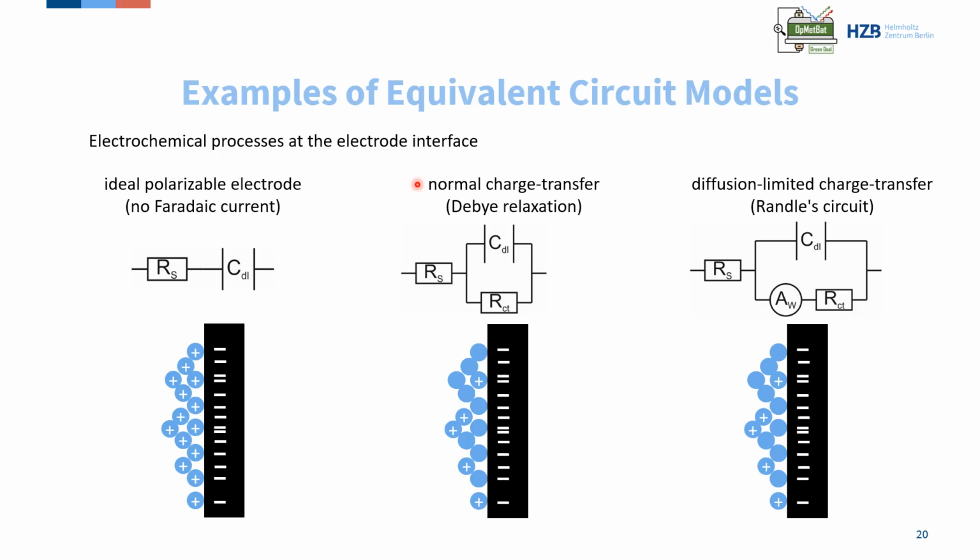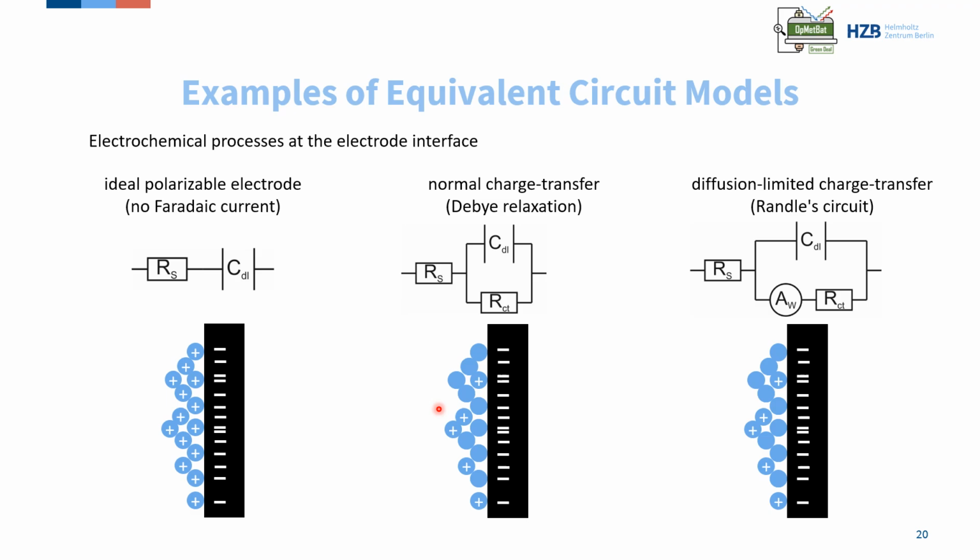For the case of charge transfer without diffusion or mass transfer to consider, the charge transfer resistance is arranged in parallel to the double layer capacitance, and this would be equivalent to the phase relaxation processes of characteristic relaxation time.